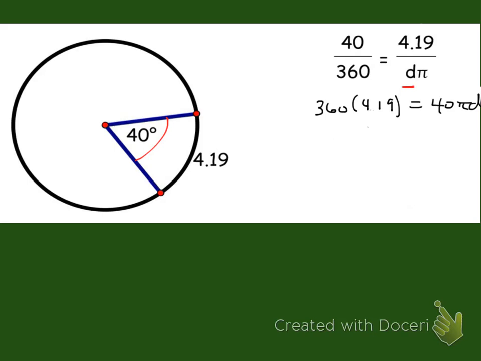You go ahead and continue to solve that, and you could also reduce that 40 over 360. You could reduce it down if you wanted to, and then cross multiply. That would work just as well. But for this example's purposes, we're going to go ahead and use the entire number. So then you would end up with 1,508.4 is equal to 40 times pi d. Continue to solve for d, so divide both sides by 40 pi.